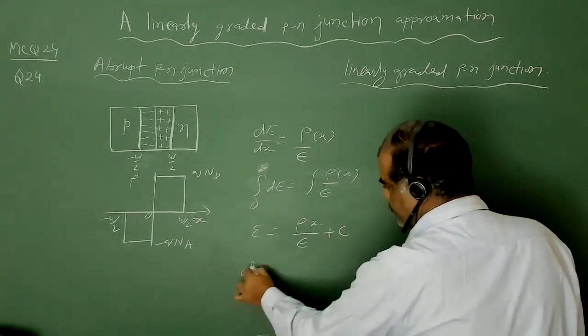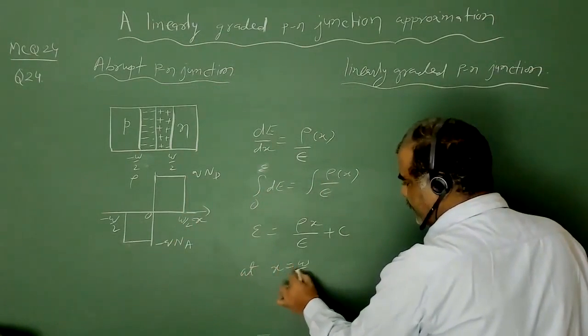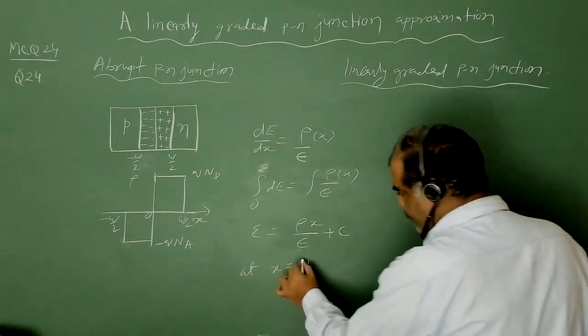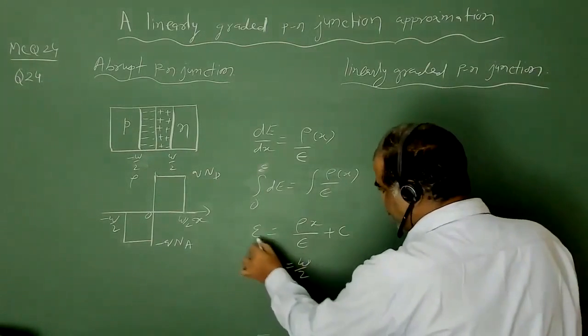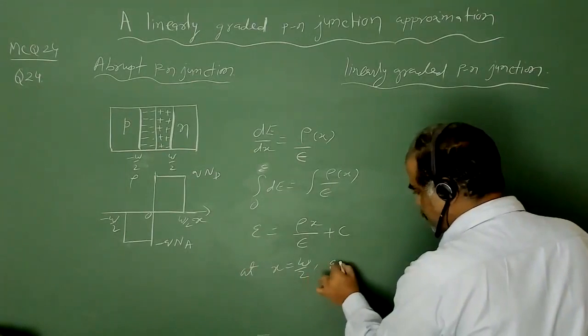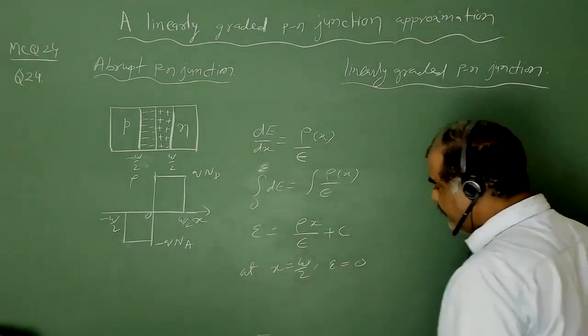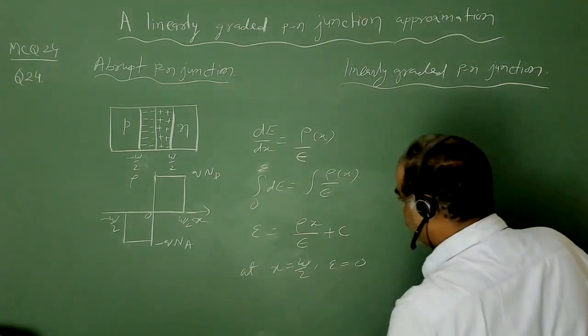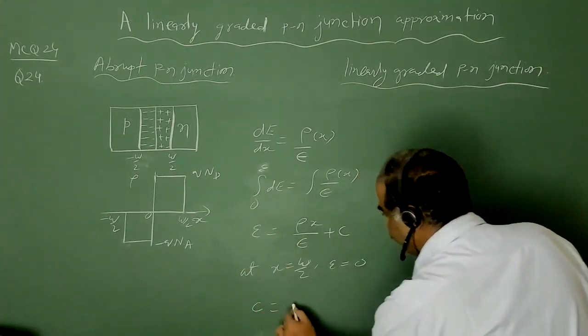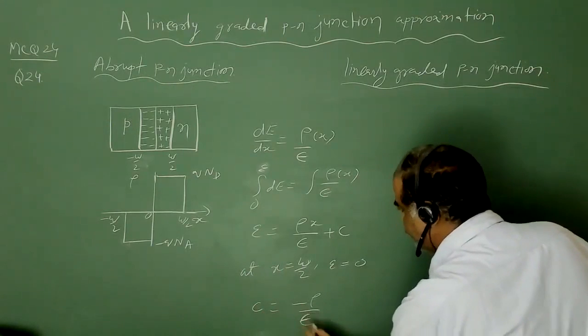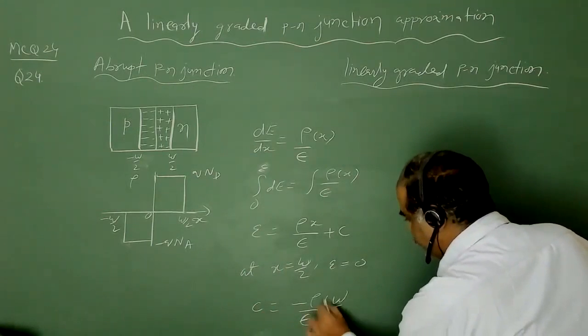W is the width, so at x equal to W by 2, my electric field becomes 0. This will give me C equal to minus rho upon epsilon times W by 2.